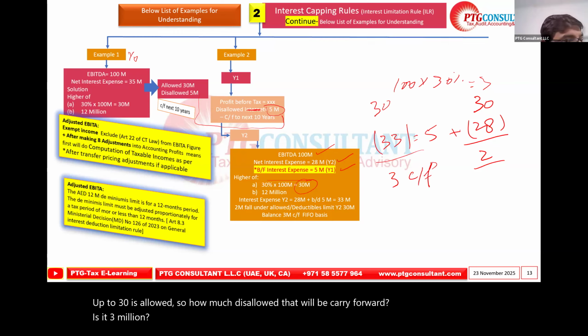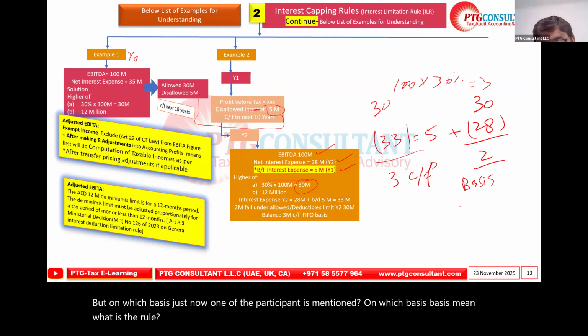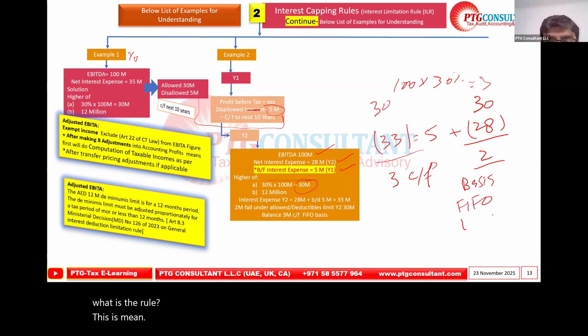One of the participants just mentioned it. Basis means what is the rule, FIFO or LIFO. This means how much of this 5 million will be carried forward, or how much of the 28 million will be carried forward.